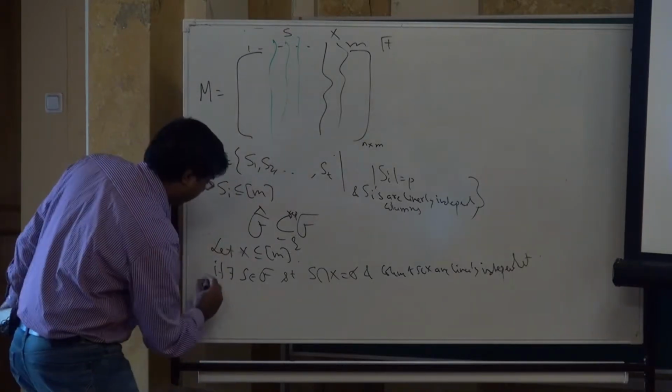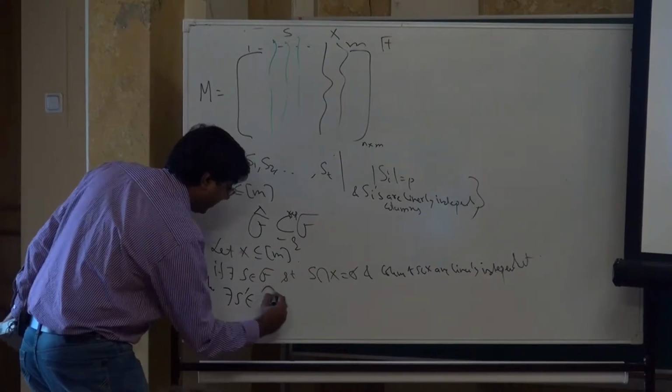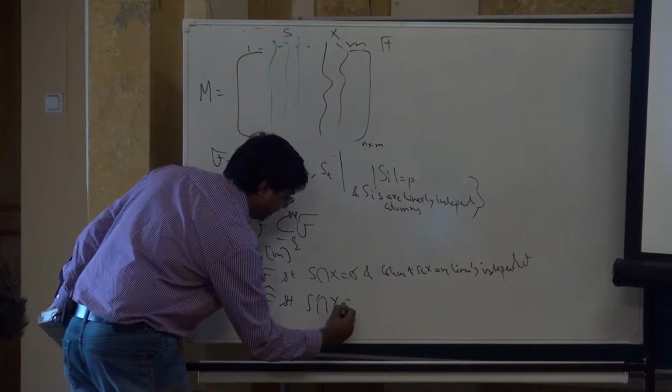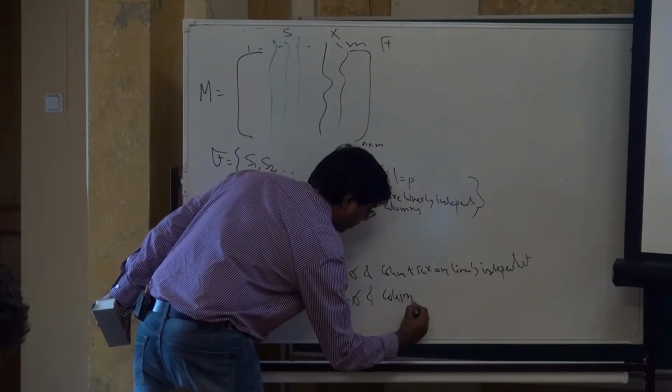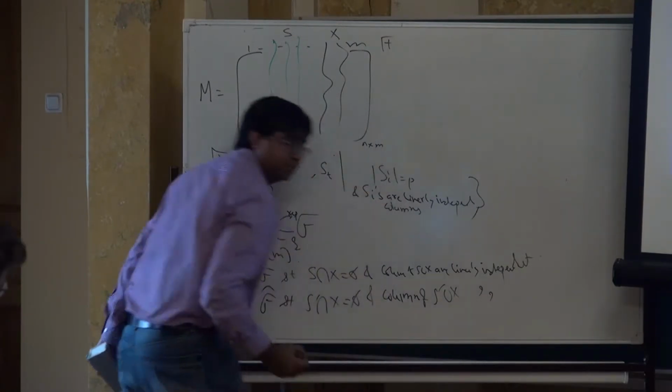Then there exists S prime in my F hat such that S prime intersection X is the empty set and the columns of S prime union X are linearly independent.